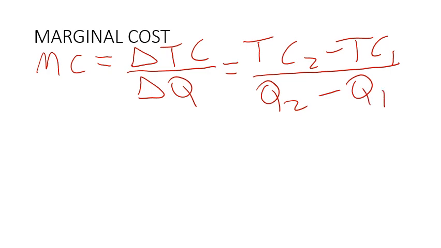So what exactly is marginal cost? A company produces an extra unit, and marginal cost measures the added cost to total costs from having produced that last unit.